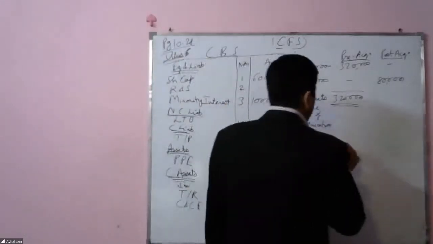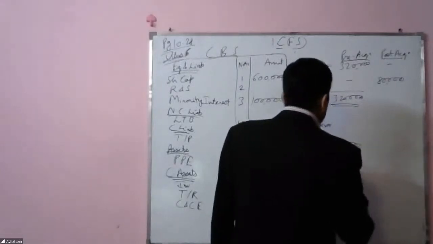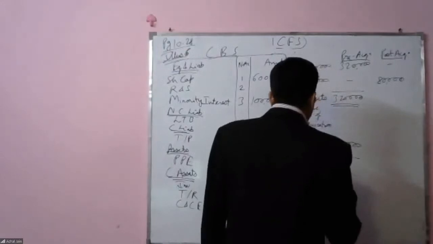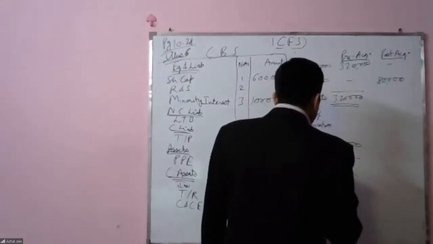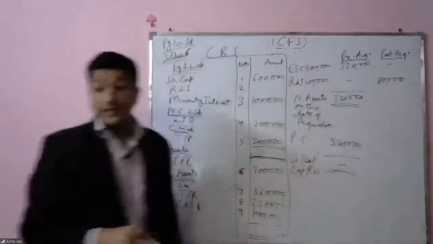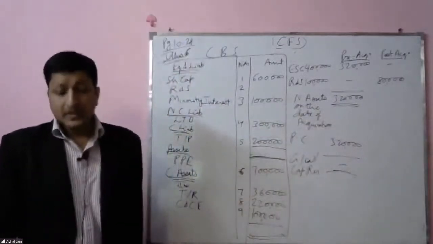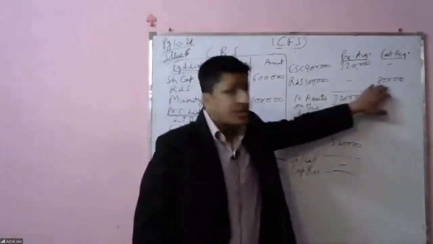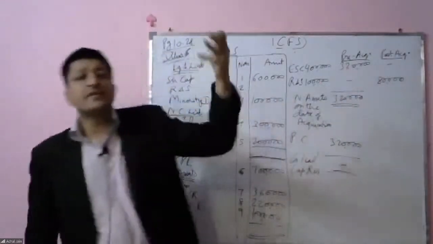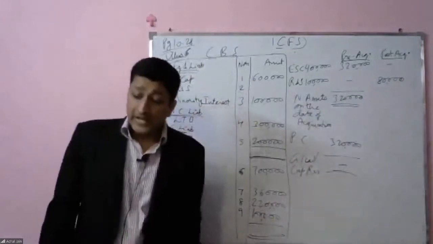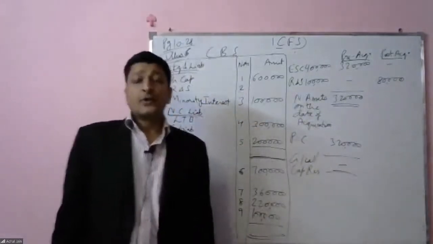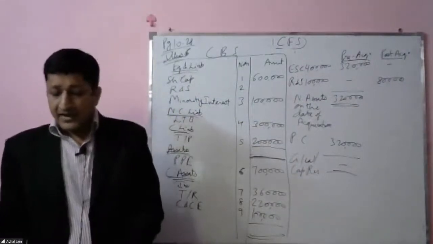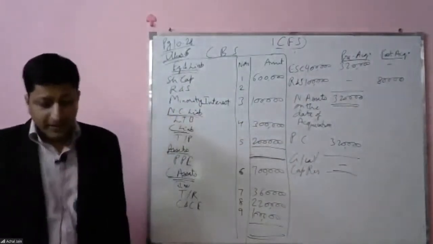Purchase consideration, 3,20,000. So will there be any goodwill or capital reserve? Yes, but that would be nil. And this 80,000 of the post-acquisition reserves of the subsidiary will get added to the reserves of the parent.